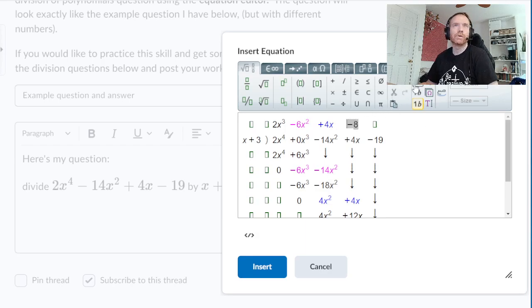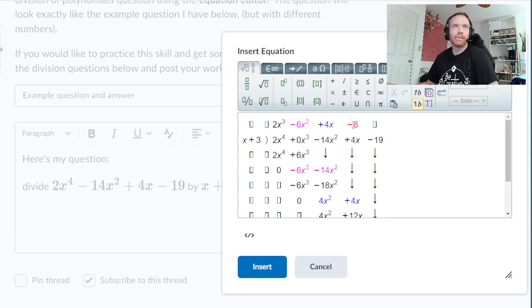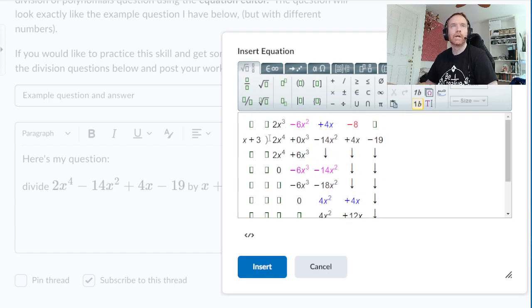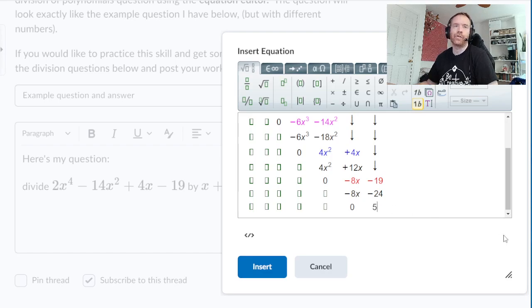I'll put it in red to show that it's the part that I'm interested in. Negative 8 times x is negative 8x, and negative 8 times 3 is negative 24. When I finish the question, so let's finish, right? So negative 8 take away negative 8 is 0, and negative 19 take away negative 24 is 5.